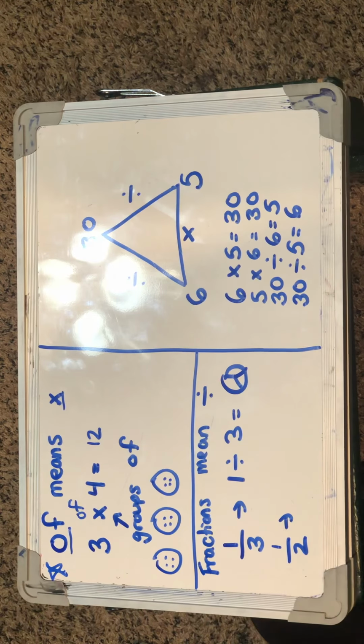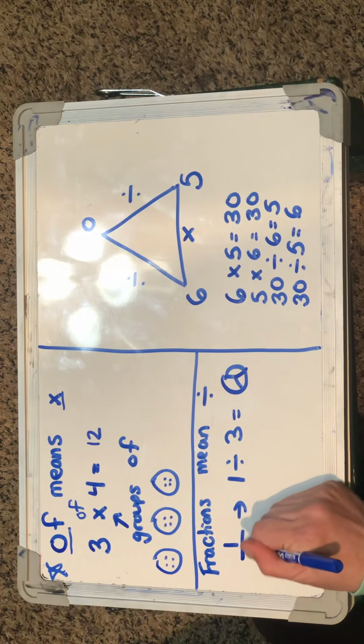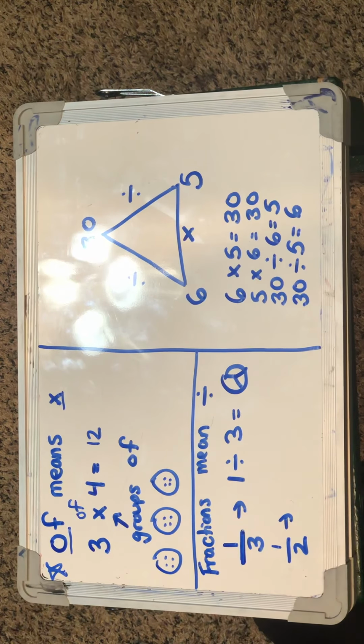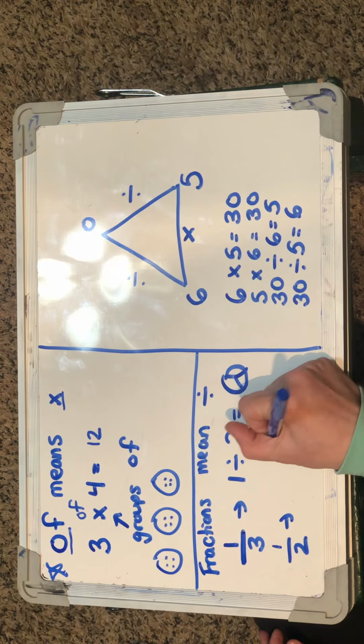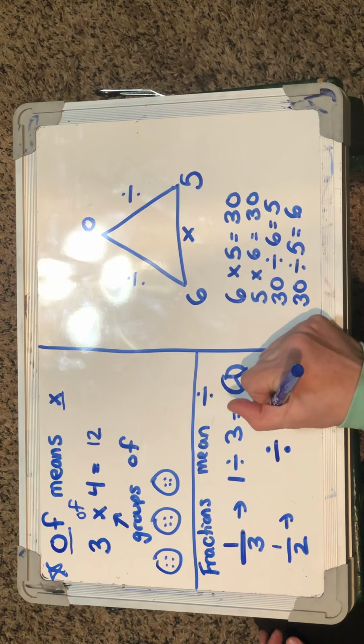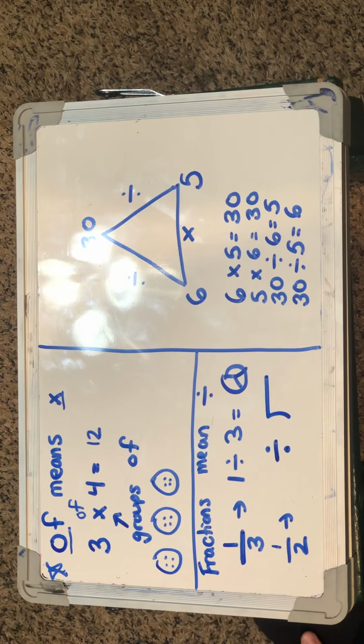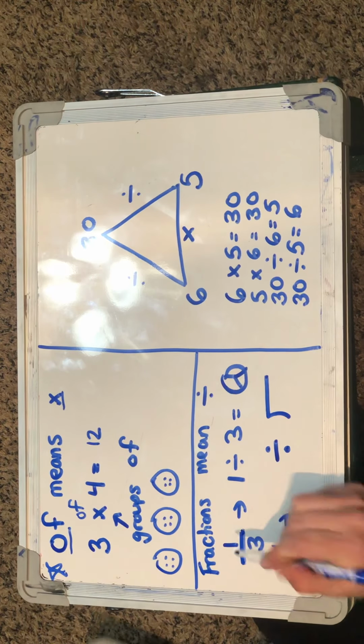Something else to remember is that fractions mean divide. This line right here is another way of saying division. So we can write division like this, right? We can write division like this, or we can write division like this.